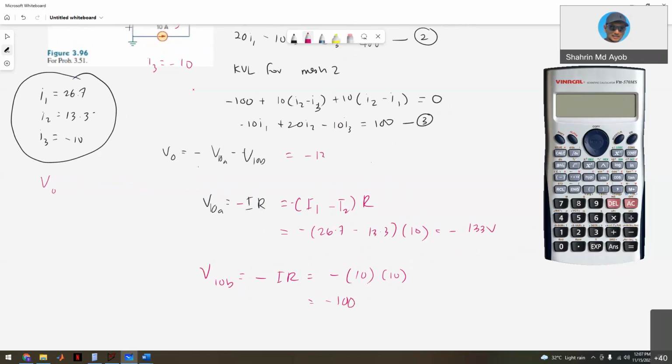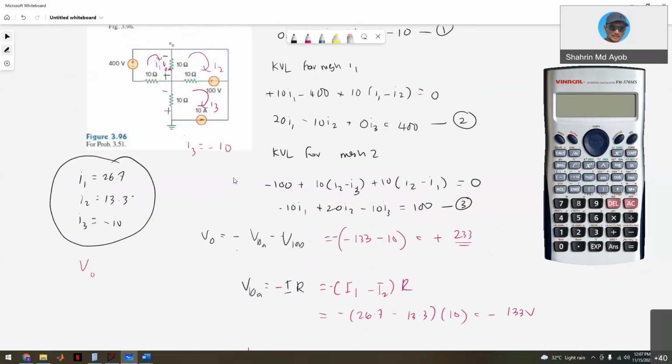So with negative 133, you will have positive, still positive 233 also. So it doesn't matter which polarity you assume. You will have the same answer.